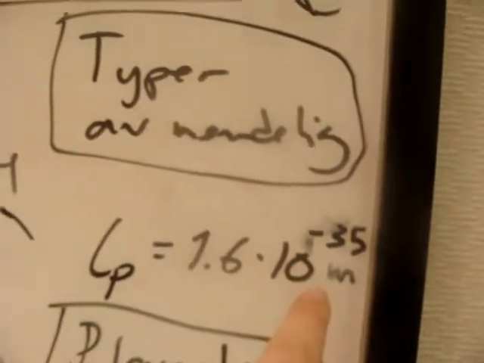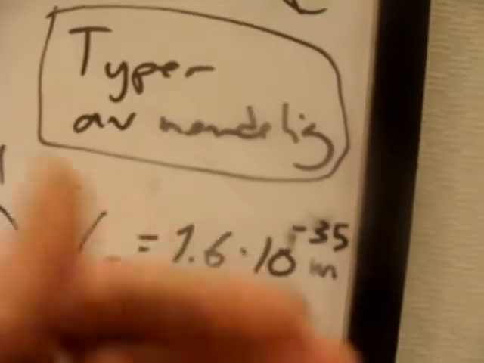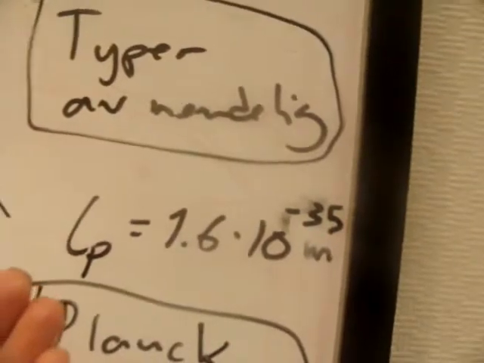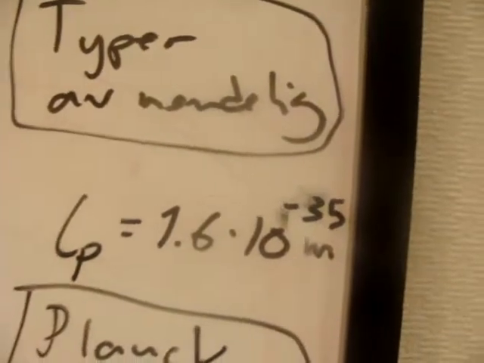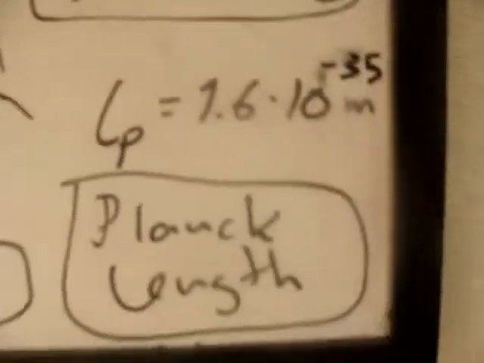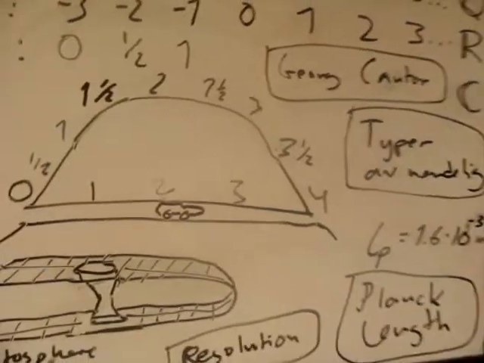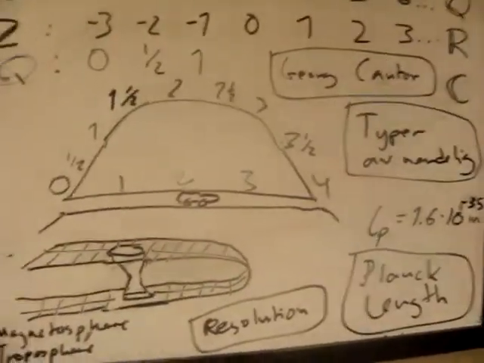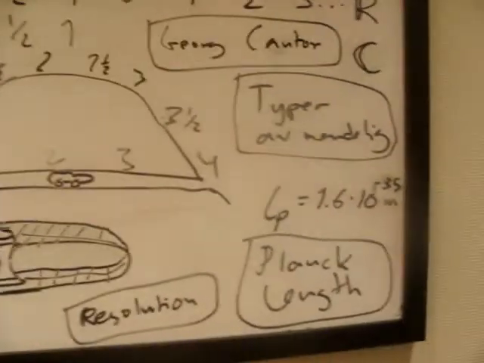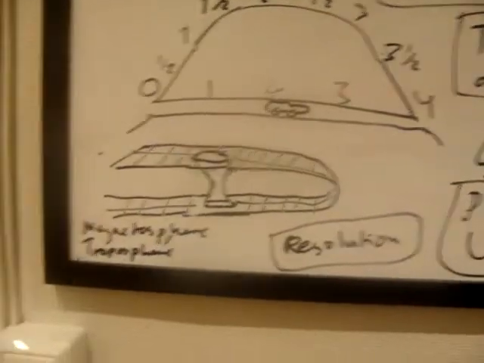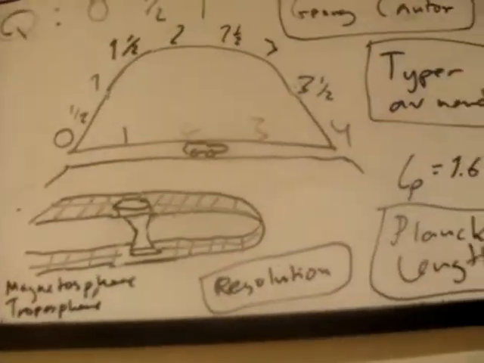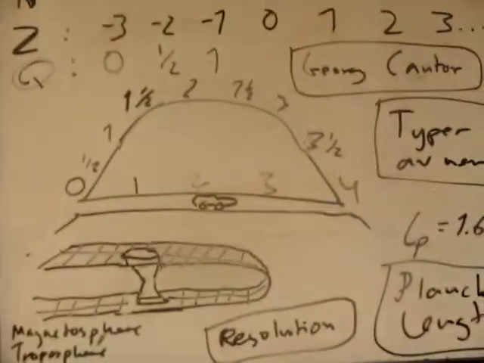Is it reasonable that this Planck length changes in accordance with distance from a gravity well, from the sun's gravity well, from the Earth's gravity well, and things like that? The sun's gravity well is actually pretty large, because the sun is a big mass. The magnetosphere of the sun is far beyond the orbit of Pluto.